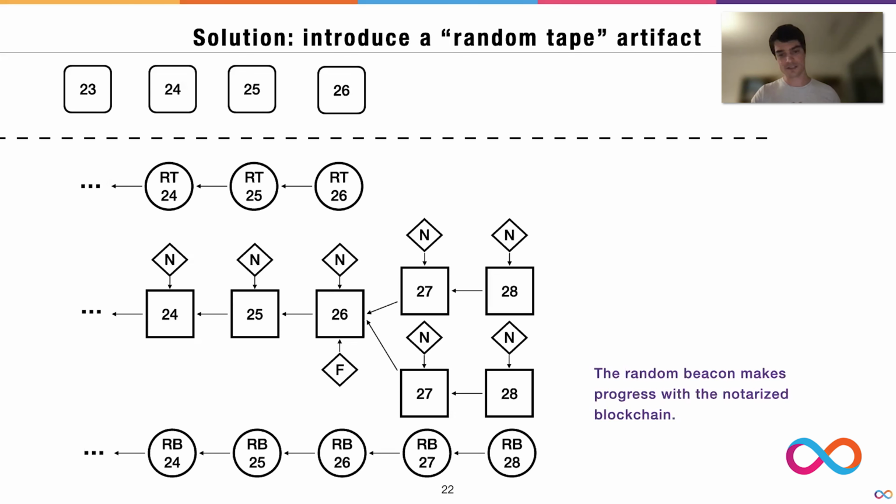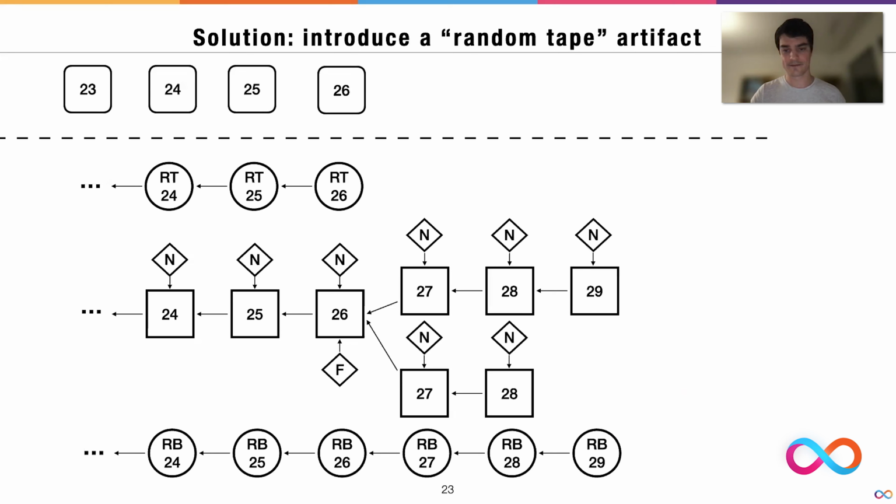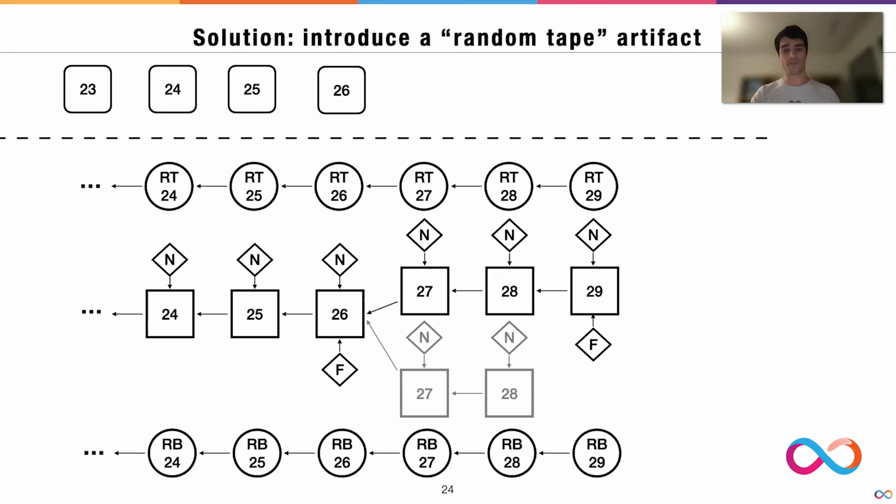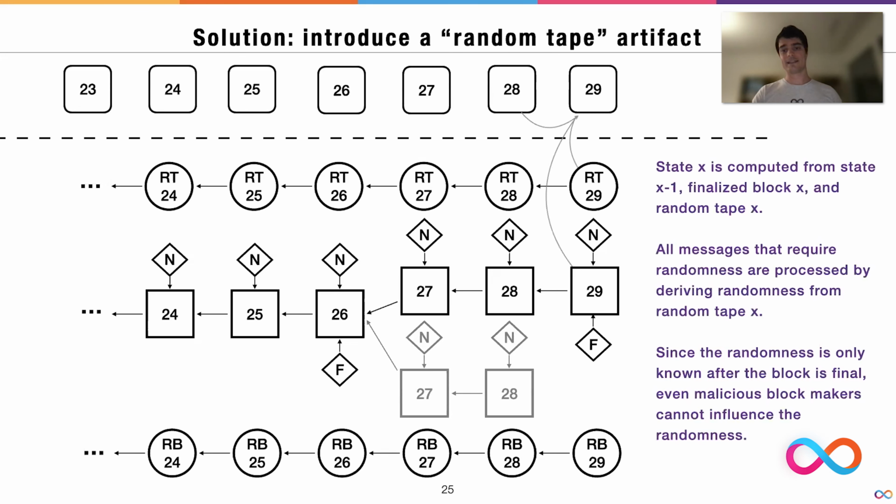You see that we have some forks here, so we haven't finalized anything yet. And now maybe that top fork becomes the final blockchain, and only then are the next random tape artifacts constructed. And then the corresponding states are computed from the block and this random tape artifact.